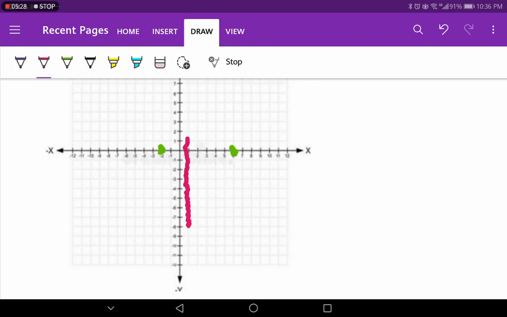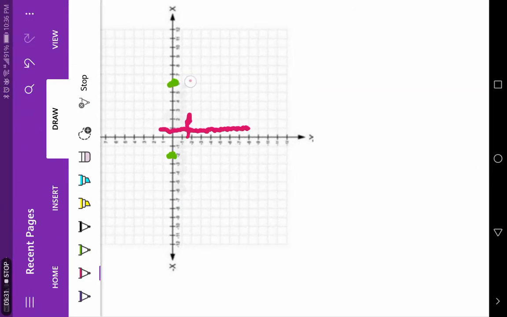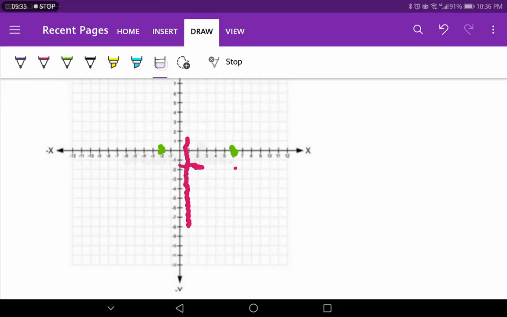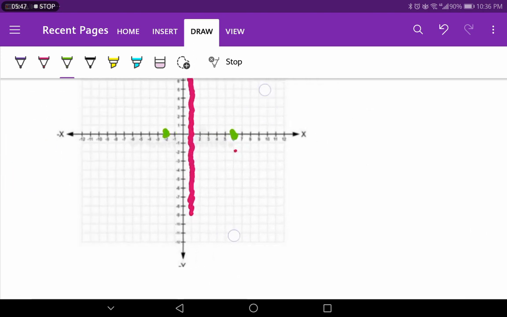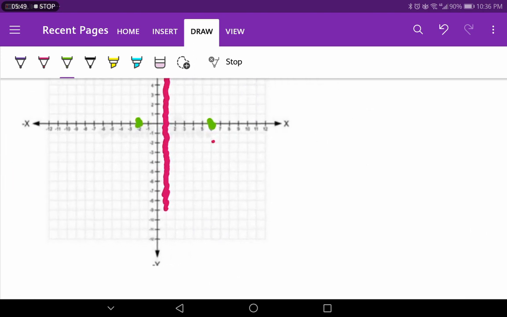By the way, you have to use the ruler, my dear student. Good. This is the axis of symmetry. And the vertex is 1 and negative 9, so it will be here.